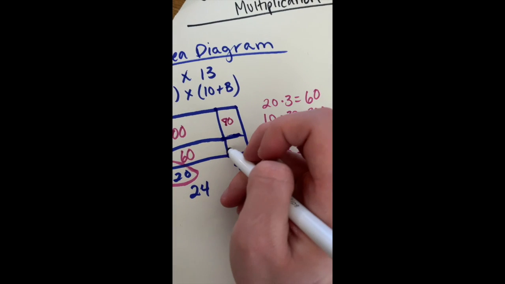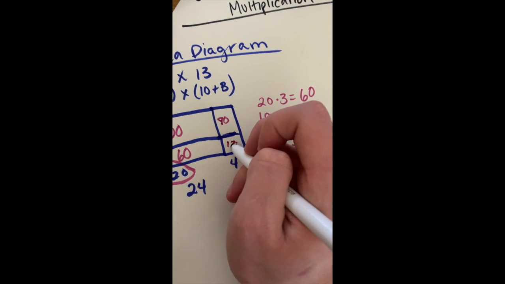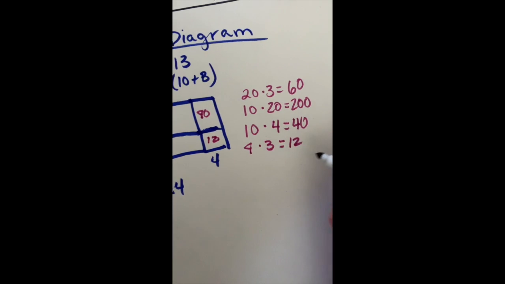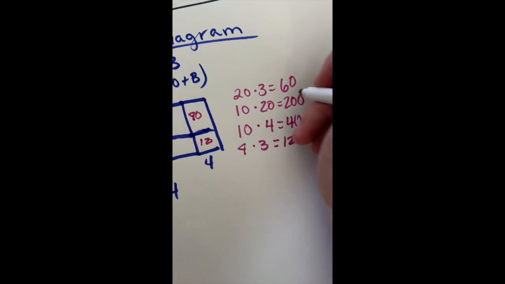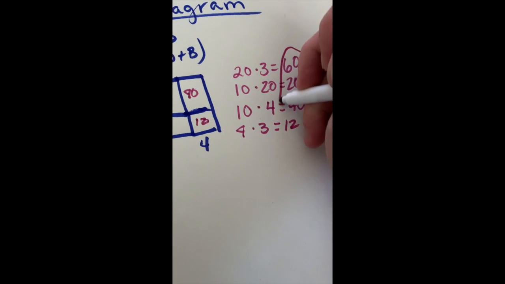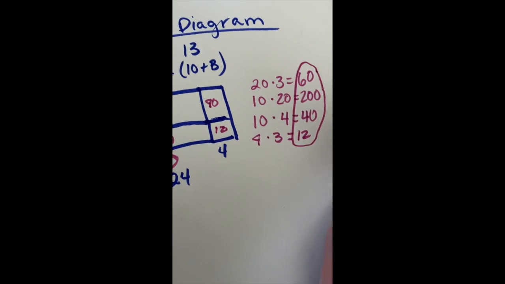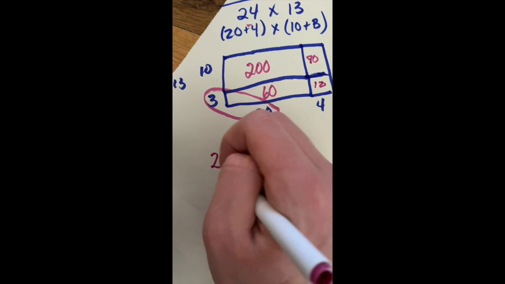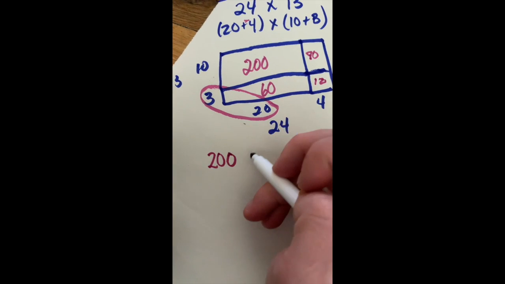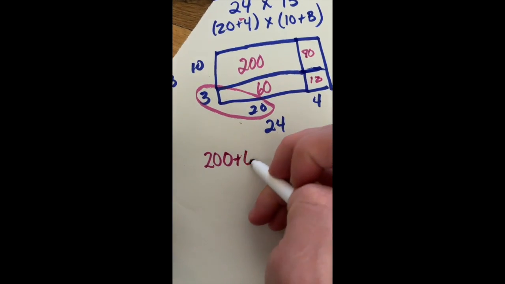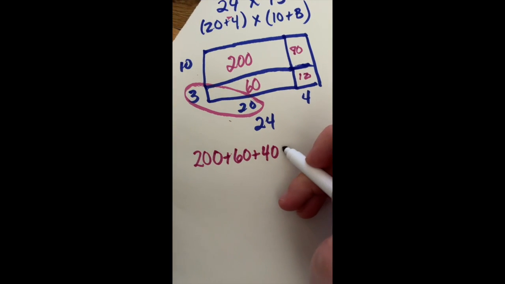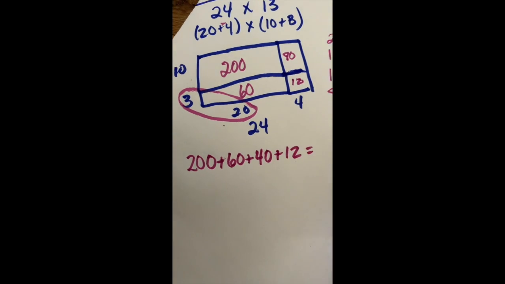Now, to solve this problem of 24 times 13, we're going to take all of these totals right here and add them up together. So we have 200 plus 60 plus 40 plus 12.